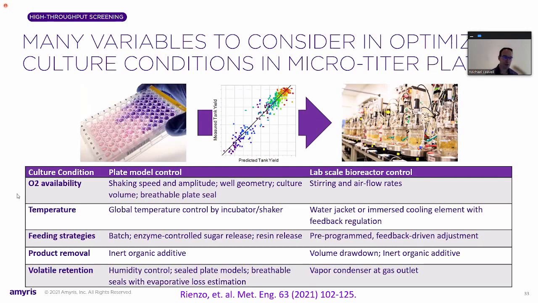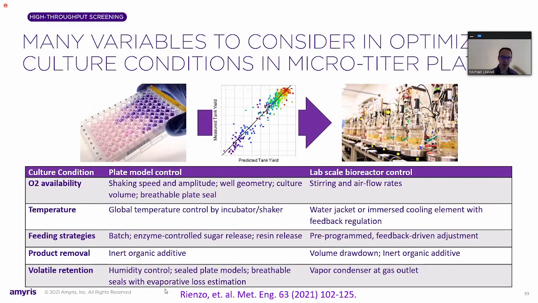There are many different conditions that we can look to mimic, whether that's limiting oxygen availability or maximizing oxygen availability, controlling temperature, feeding strategies, so that would be delivering sugar in a controlled fashion in these 96 well cultures, or even product removal or retention. We've worked with volatile compounds at Amyris before, and that's often a challenge because they'll just evaporate through the seal of the 96 well plates.